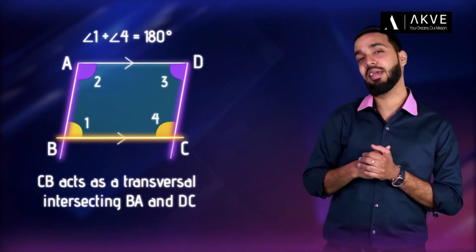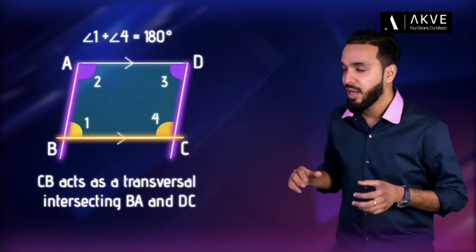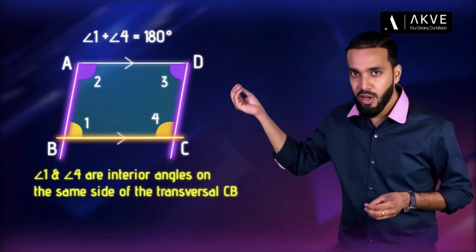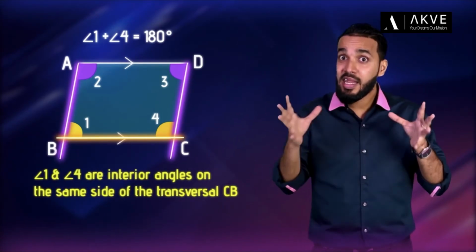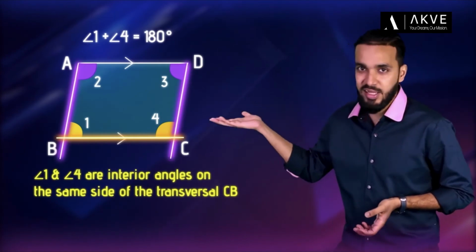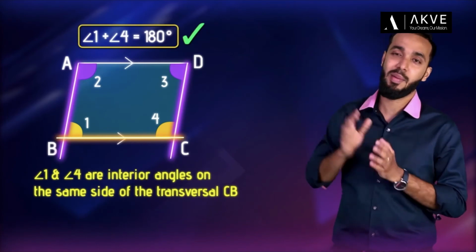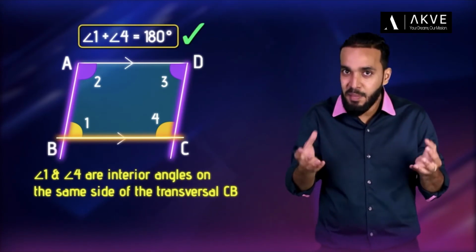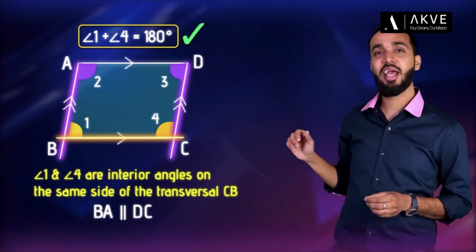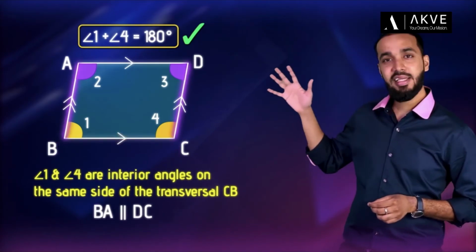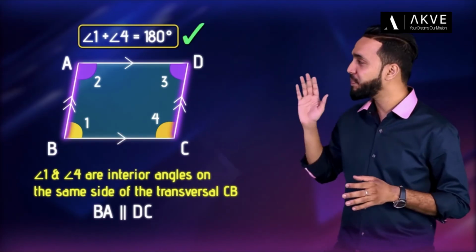Now, it's pretty evident then that angles 1 and 4 are actually interior angles on the same side of the transversal CB. And we have already seen that they are supplementary. So it is implied that the opposite sides BA and DC are actually parallel.